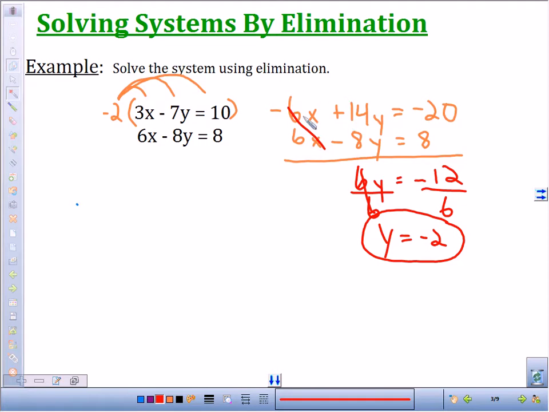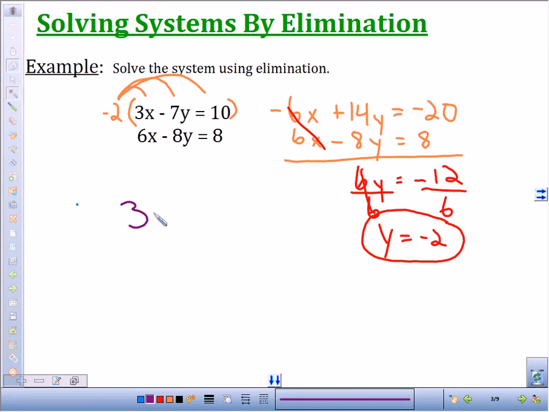My second step was to add the two equations together, which canceled out the x's and gave me 6y equals negative 12, which I solved for y equals negative 2. Now my third step will be to take negative 2 and plug it in for y in one of these equations. And I'll use the first equation. It really doesn't matter which equation I use.